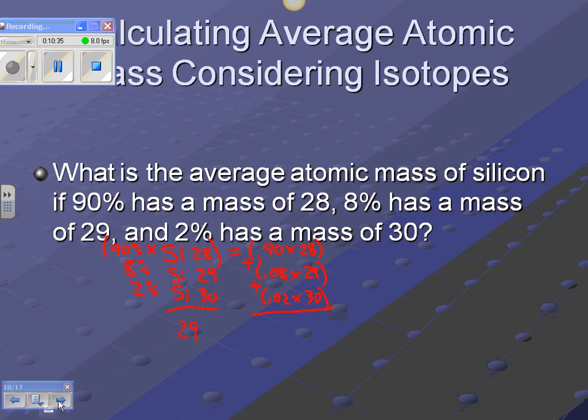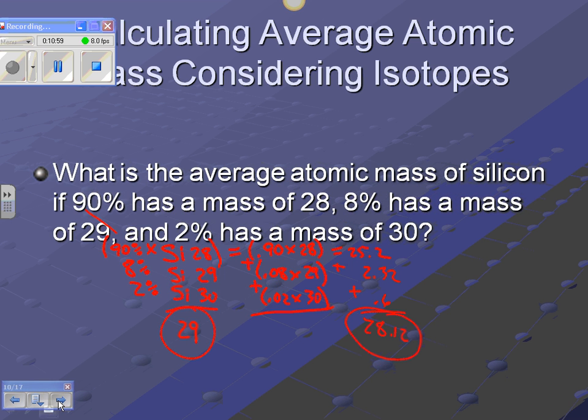Add them up, divide by 3, I get 29. If I do this, this ends up being 25.2 plus 2.32 plus 0.6. I add that all up, I end up with 28.1 as my average atomic mass, nowhere near 29.